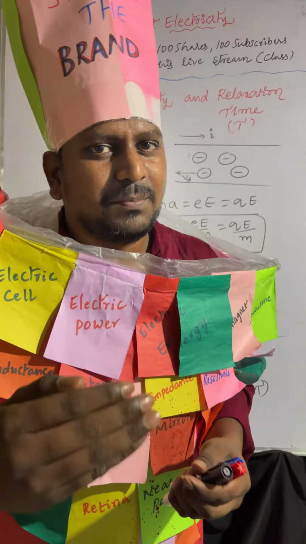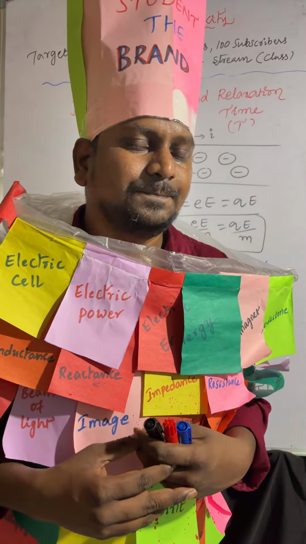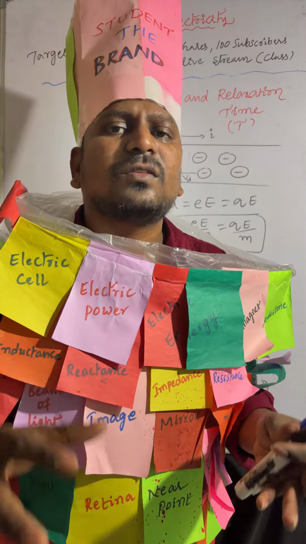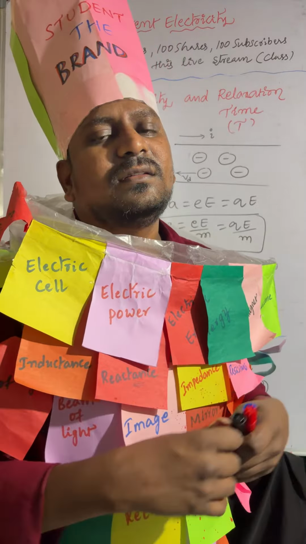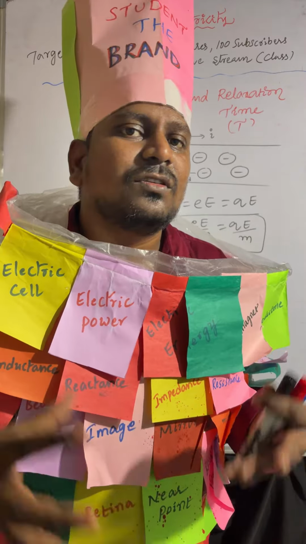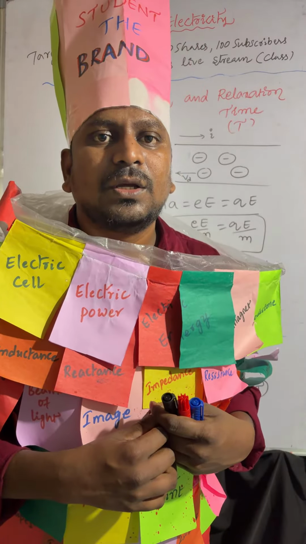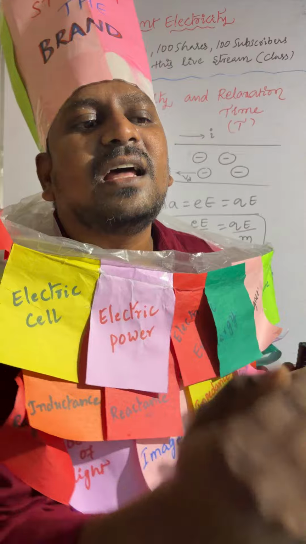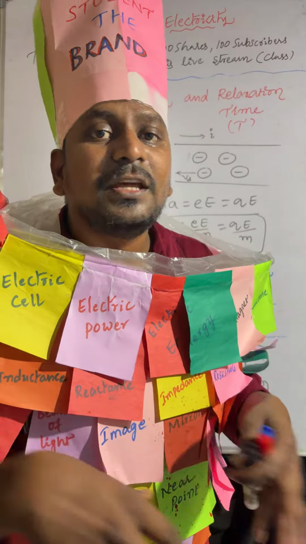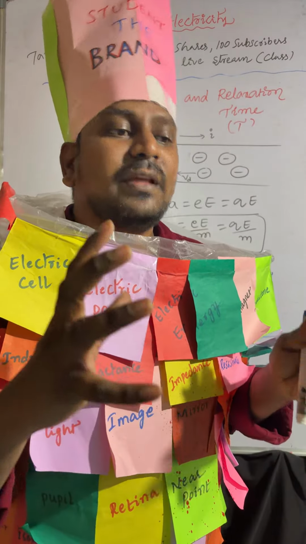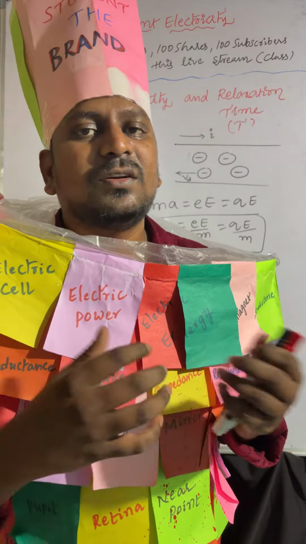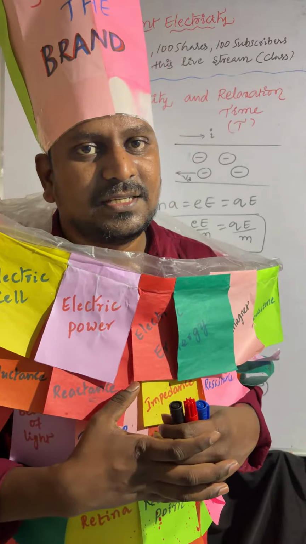Just now I mentioned one point: when electrons are moving in a conductor, one electron will hit another electron because they are moving in a closed conductor. They are moving in one direction, so automatically collisions will take place.